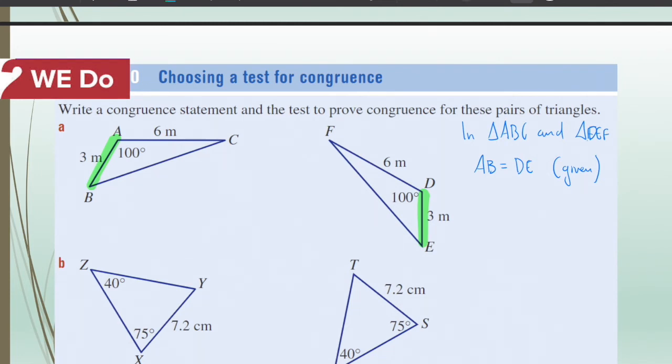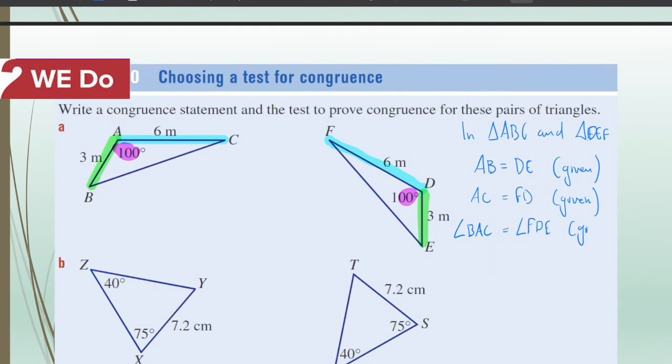More pairs of sides. We've got one here, AC and FD. And again, that's given to us. And then we also have an angle here in the middle. Angle BAC and angle FDE.